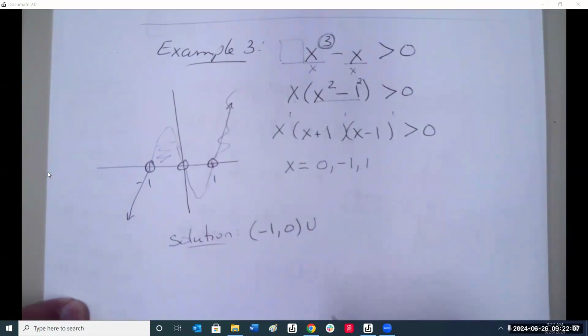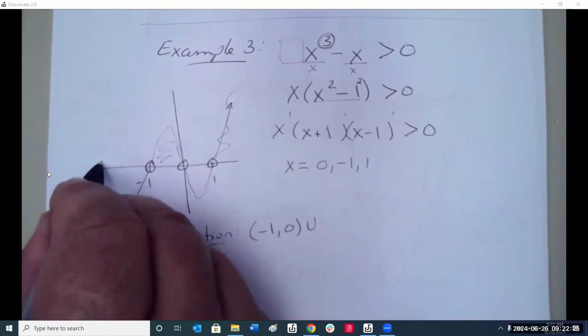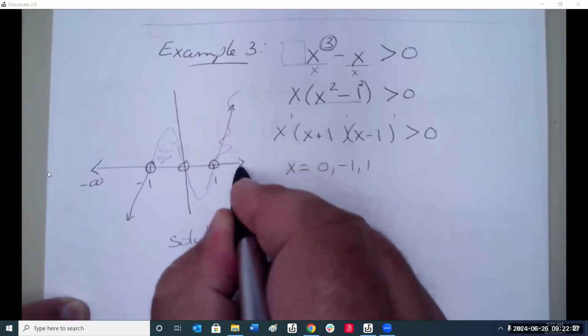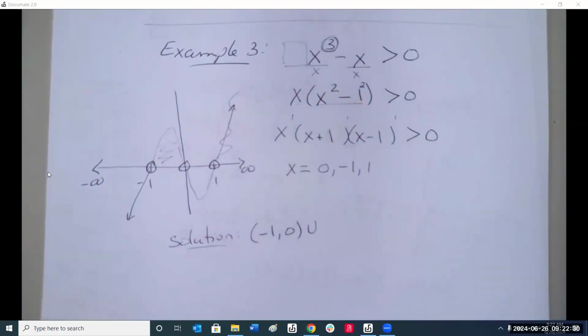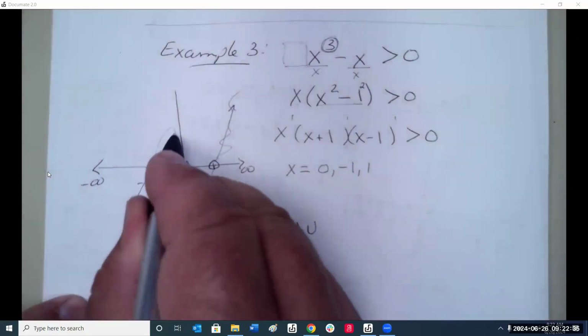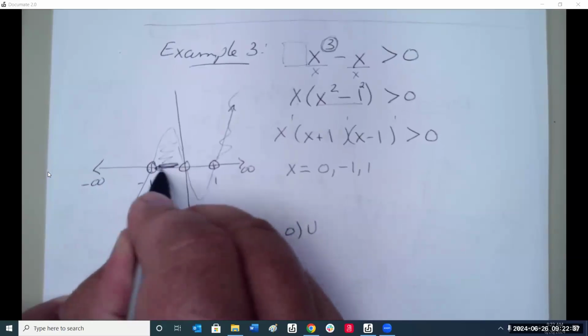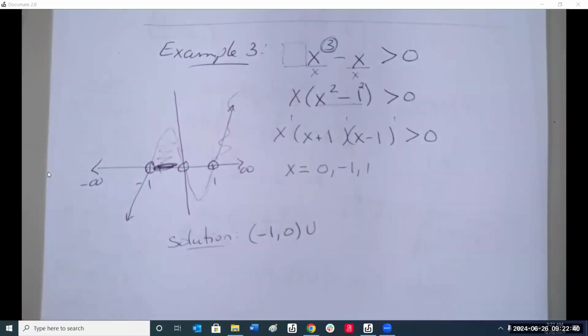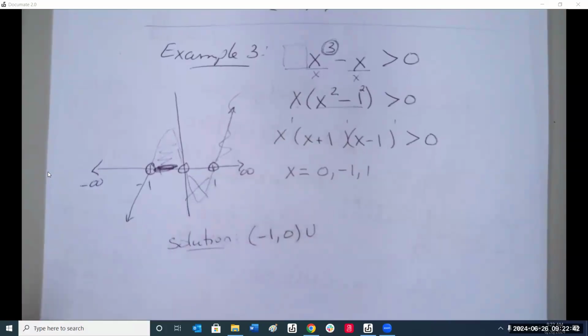No. No. Where is the graph above the x-axis? So where is it above the x-axis? We know this is above the x-axis. That's between -1 and 0. This is below, so we can't use that.